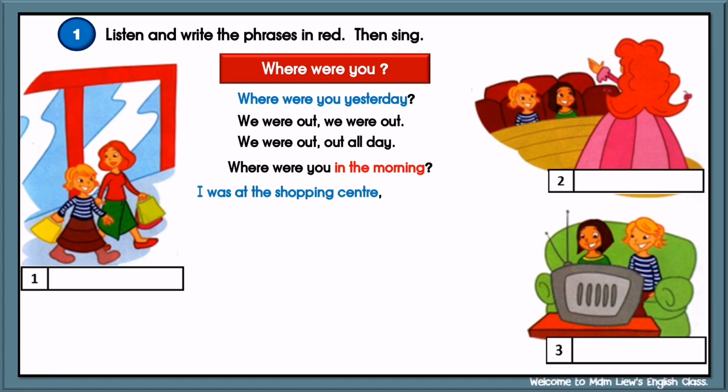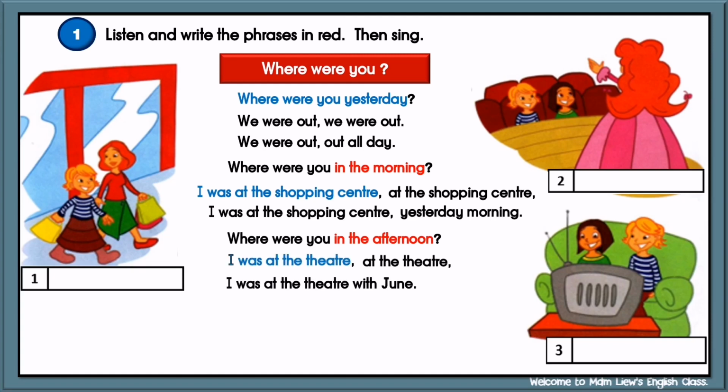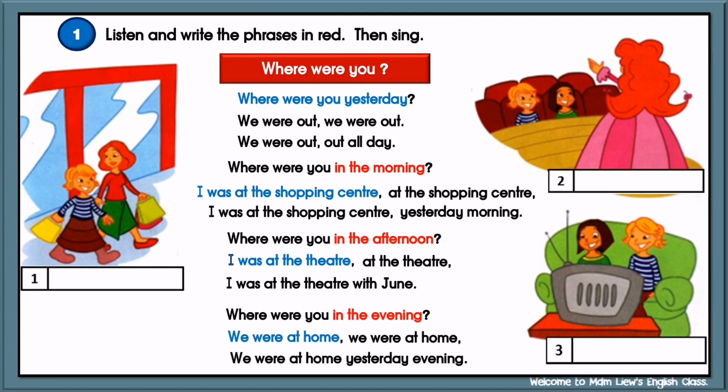I was at the shopping center, I was at the shopping center yesterday morning. Where were you in the afternoon? I was at the theater, I was at the theater with June. Where were you in the evening? We were at home, we were at home yesterday evening.